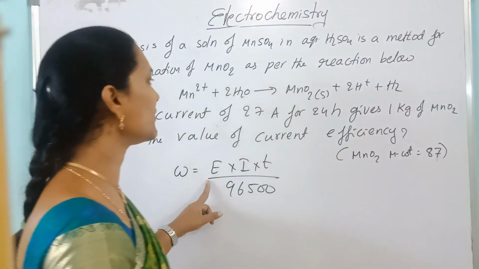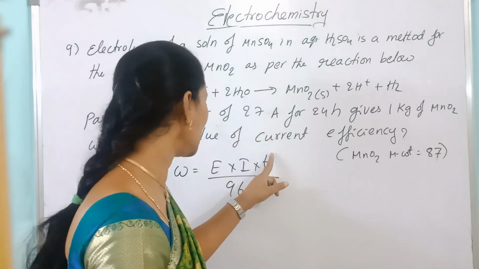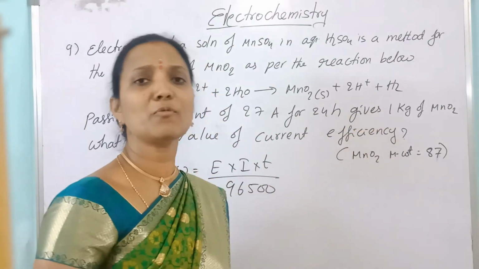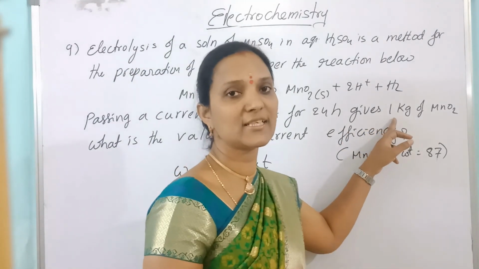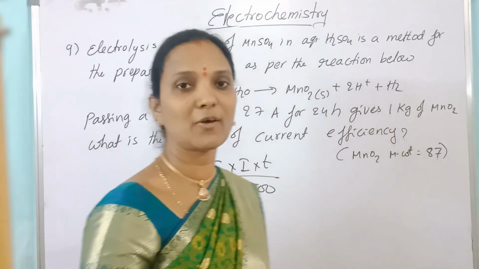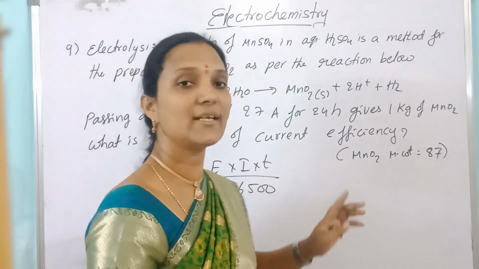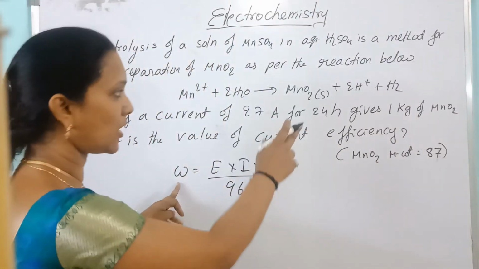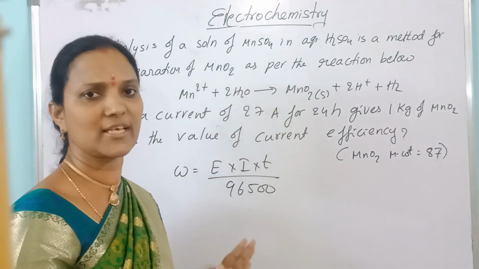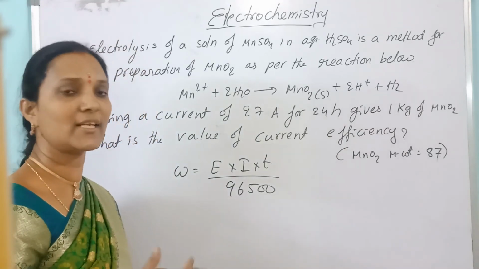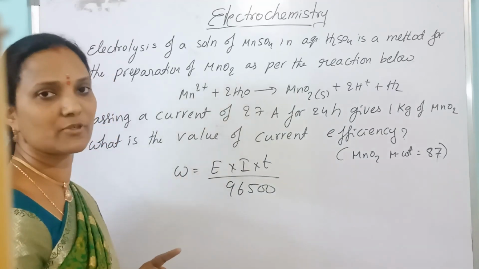We know the equivalent mass, I is given, T is given, and W is also given. Then what should we find? This W only, because here 1 kg is given. Is it the same 1 kg we are getting or not? Because the problem is about current efficiency, once again we have to check whether we get 1 kg at 100% efficiency. If we are not getting 1 kg, then 100% efficiency is not there.